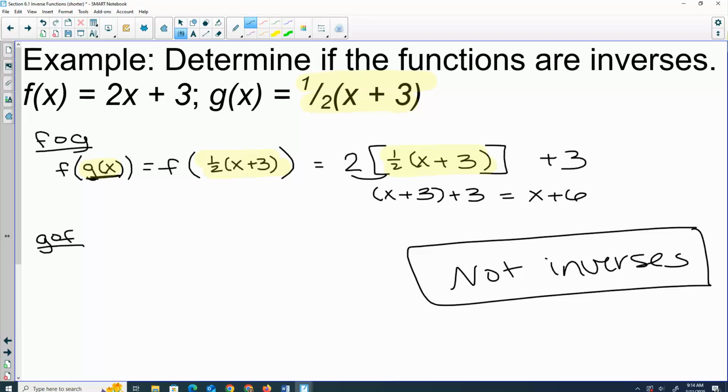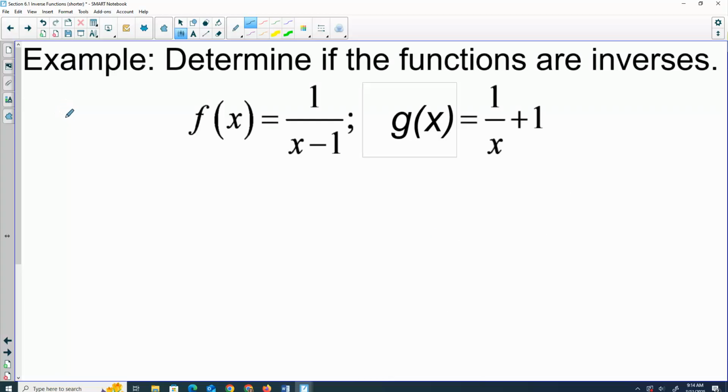We'll do another one together and then I'll have you guys try one. So if I want to know if these are inverses, we're going to do the compositions. So f composed with g means f of g of x.